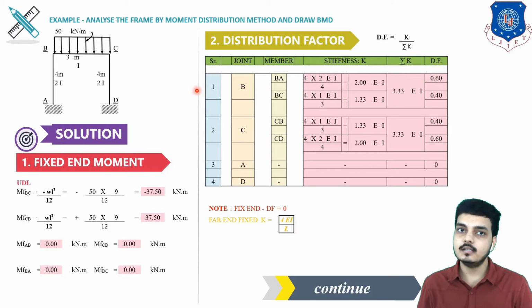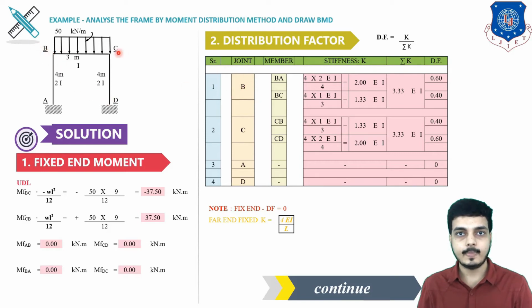Now first, which joint has to be taken, I have explained in the previous sum: we will consider a central joint. Here you can see A and D are my extreme joints, and B and C are my central joints, meaning B comes between A and C, and C comes between B and D. So we can start with B first.